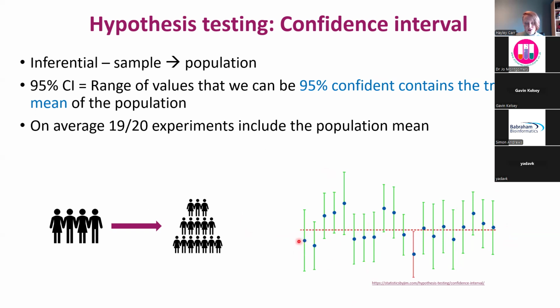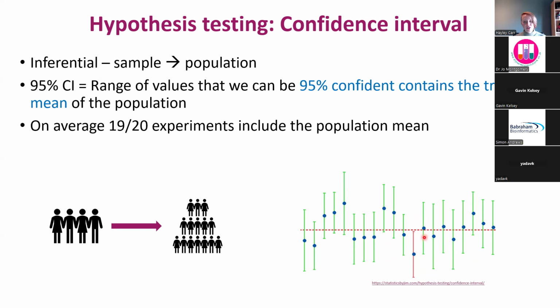So that's the mean of our experiment and the confidence interval surrounding it. And out of 20, 19 of them would contain this population mean. Again, we wouldn't know which experiment we've necessarily done. So we might randomly have selected quite an extreme sample from our population and ended up with this one, or we might have had quite a central one like this.